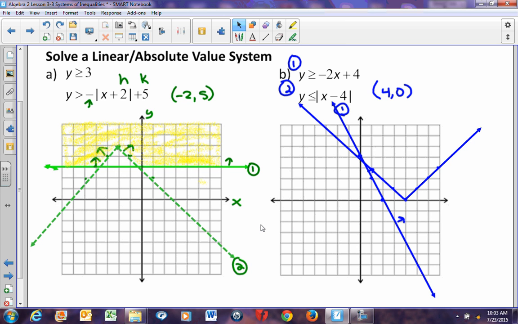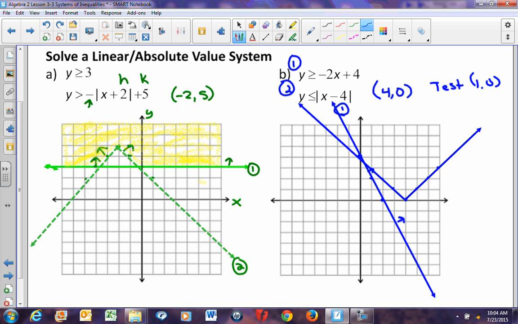Okay, and this would be shaded less than, which means not inside, but outside of it. If you don't believe me, you can put in a test point. Actually, I can't use 0, 0, since it's on the graph. I could use 1, 0 if I wanted to test this.